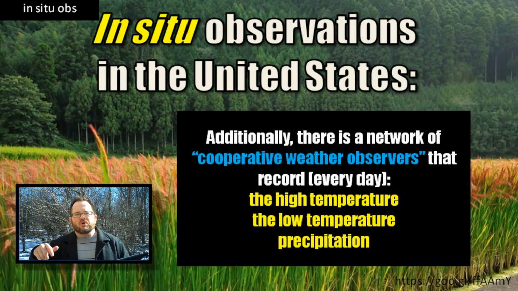They record the high and the low temperature each day and the amount of precipitation. Very simple, basic weather information. We're not worrying about things that take specialized equipment like visibility or something like that. It's basically a rain gauge and a min-max thermometer. It's a special kind of thermometer that records the high and low temperature each day, kept in a nice instrumentation shelter. And there are zillions of these stations out there.